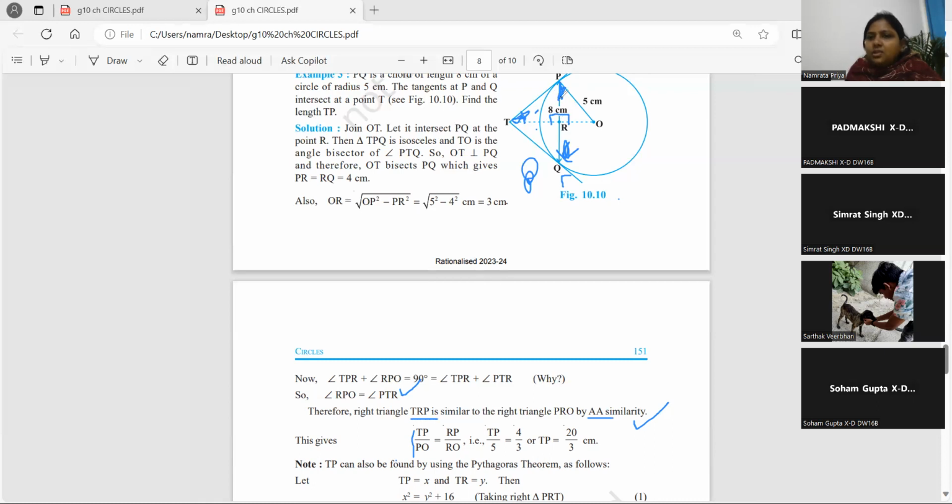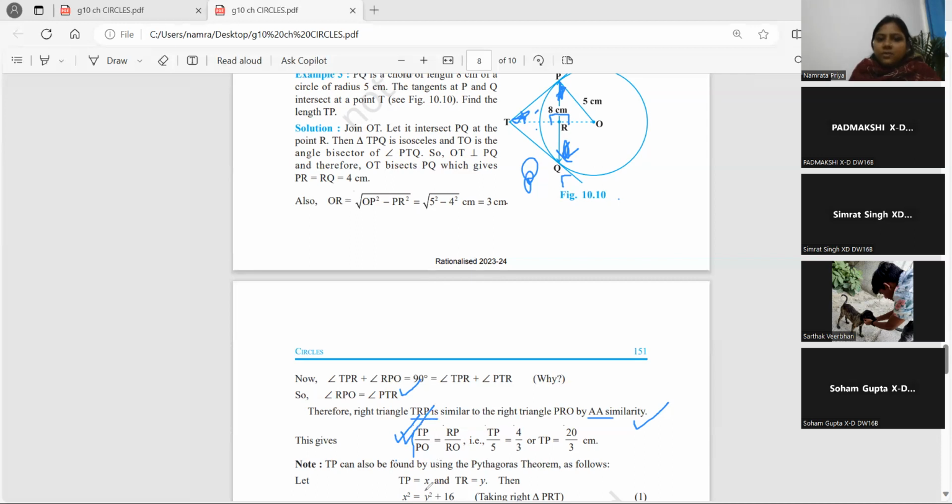So we'll be taking the ratio according to the angles. So TP by PO will be equal to RP. RP is opposite to this angle. So RP and then RO. RO is opposite to this angle. Correct? So we have taken the ratio of the similar triangles.